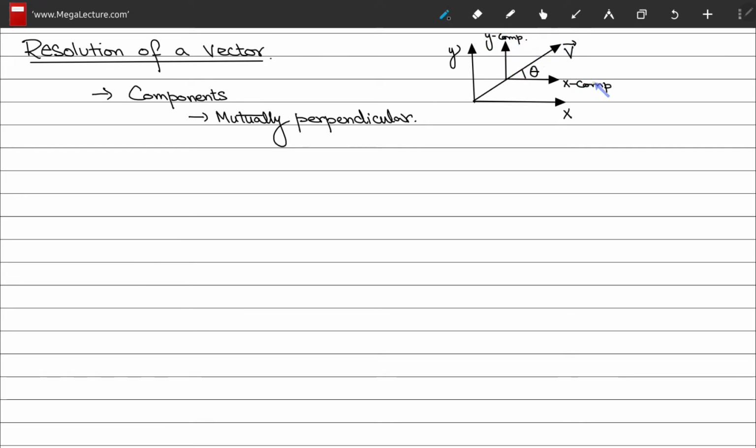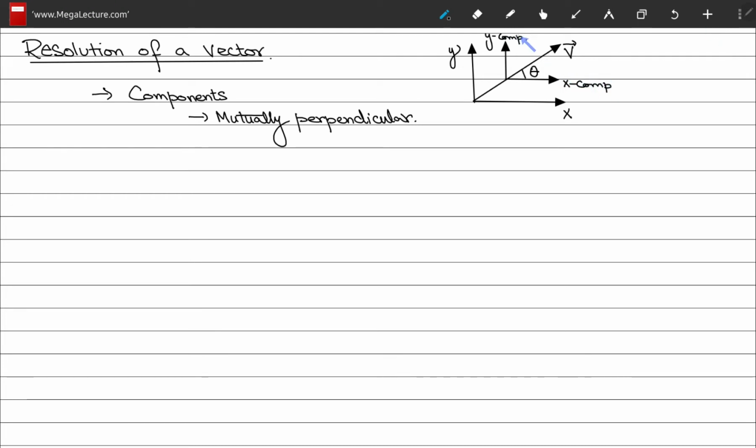So the resolution into these components is only telling you how much of this vector v is pointing along the x axis and how much of it is along the y axis. So that's what the components will tell you.